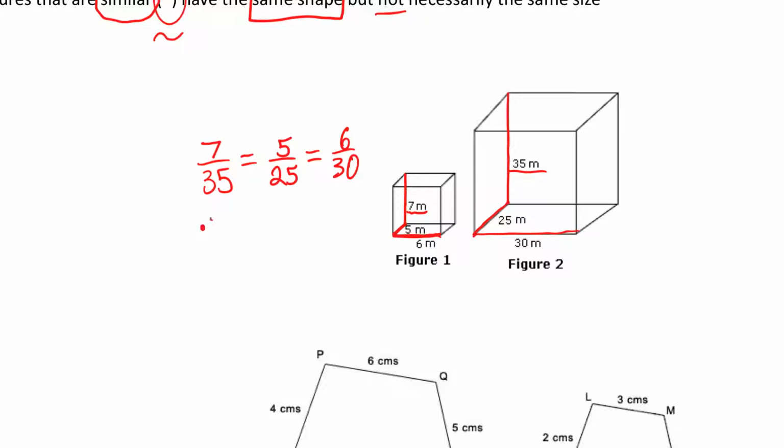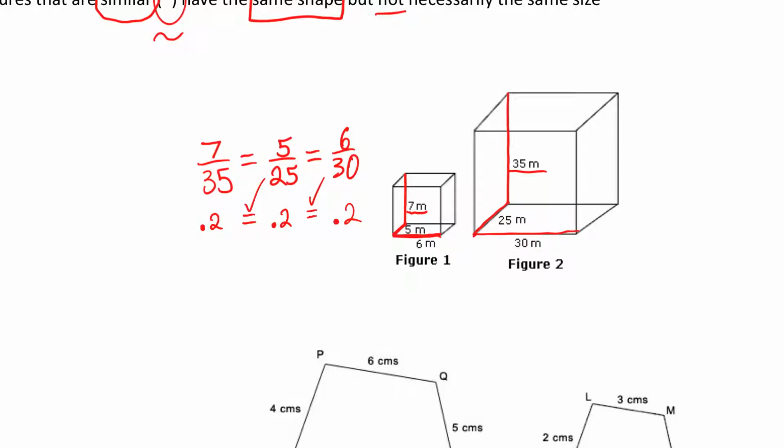It's 0.2. Type in 5 divided by 25. 0.2? And then 6 divided by 30 is 0.2. So are all of those equal? Yes. So that tells me they grew in the same way.